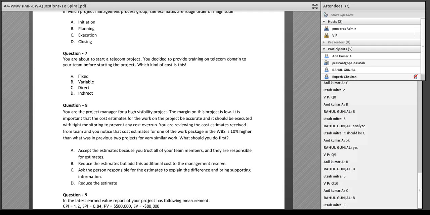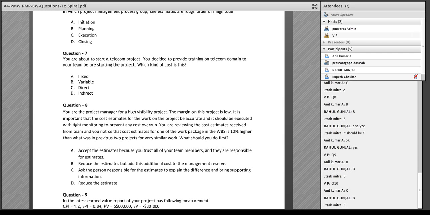CBC. Oh, why? What characteristics best describe the cost baseline? Total budget of the project? No. Time-phased cost of the project? Probably right, but let's look at the third and fourth as well. Total budget for the project including the management reserve?